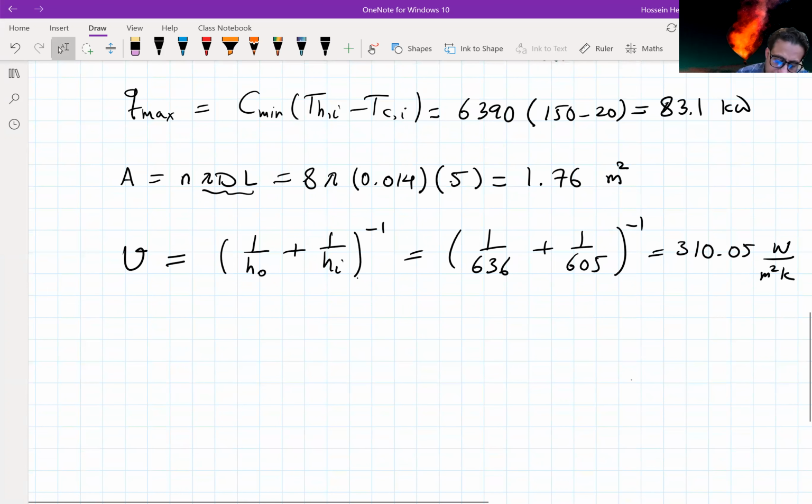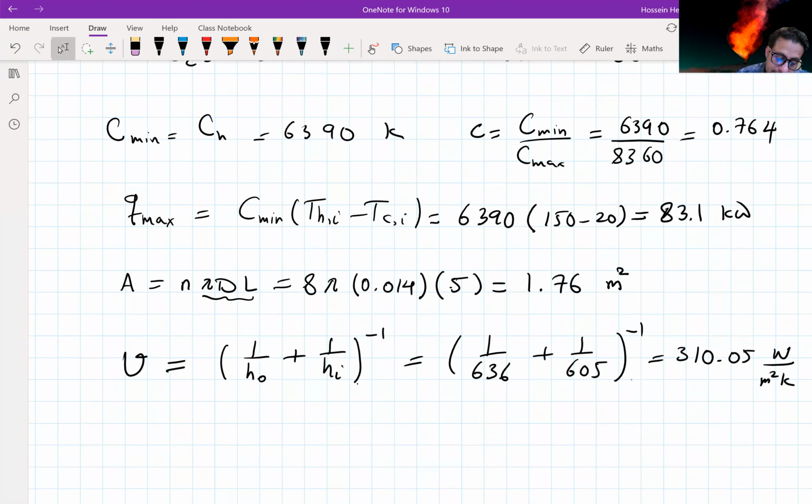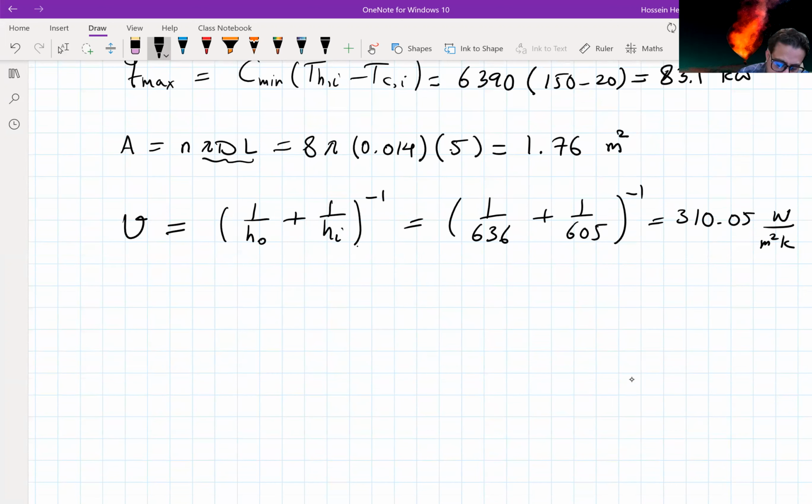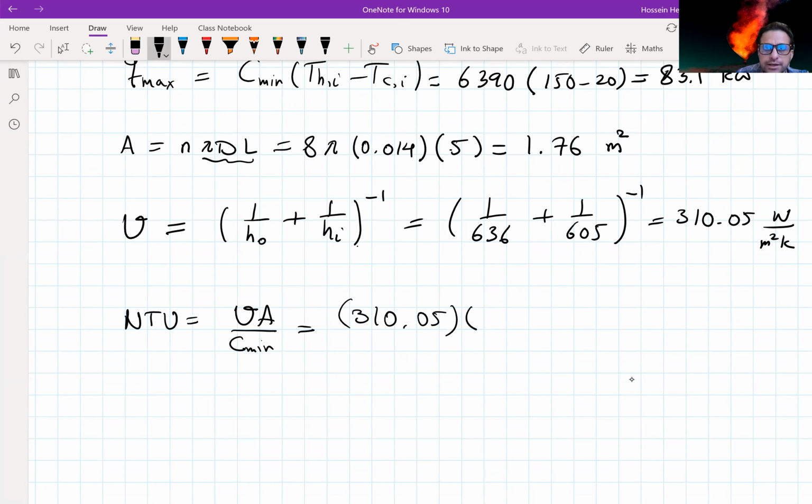So having area and U and C min, I can find NTU. NTU is UA divided by C min. So it's going to be 310.05 times area, which was 1.76 meters square, divided by C min, 639. That's going to be 0.854.